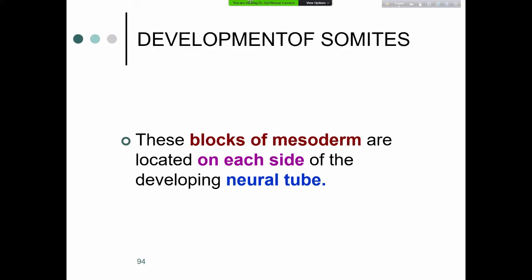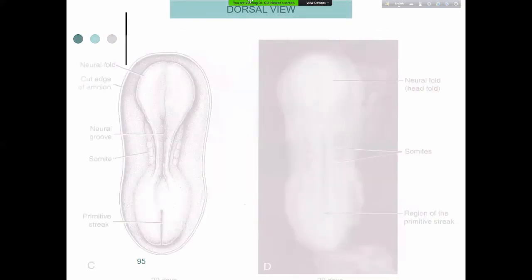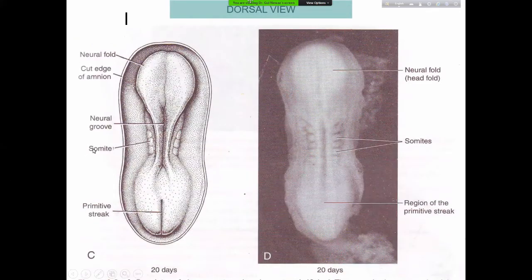They lie on each side of the neural tube. So here we can see the somite. The neural tube is here, on each side, and the notochord is underneath. So 1, 2, 3. Paraxial mesoderm differentiates into blocks of cuboidal mass, here one, here one, paired. So they are known as somites.